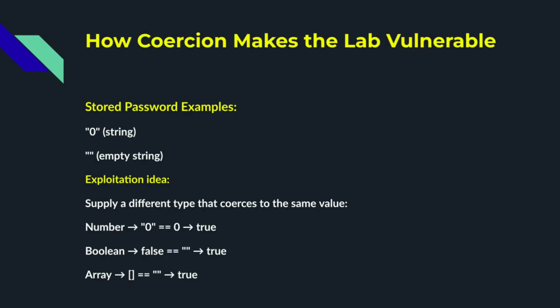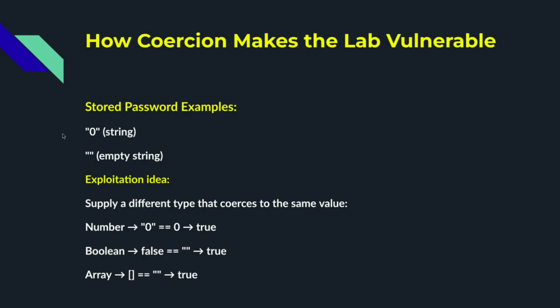JavaScript is going to do what we call coercion, changing from one type to another, before it does the comparison of the password. It has to make sure they are all of the same type before it does the comparison. That's what we saw when we sent the password as a string.